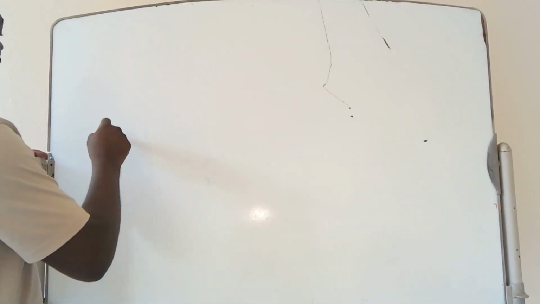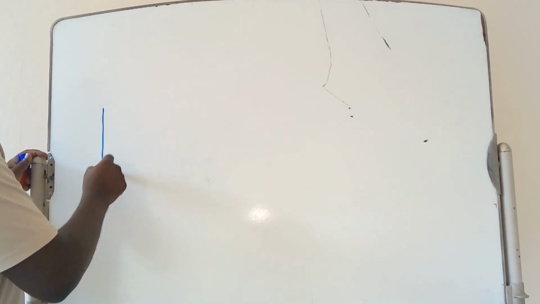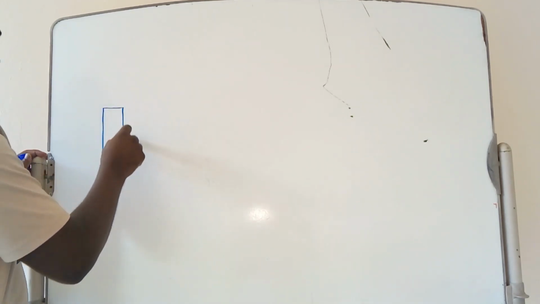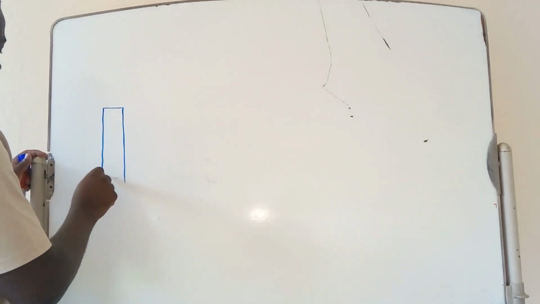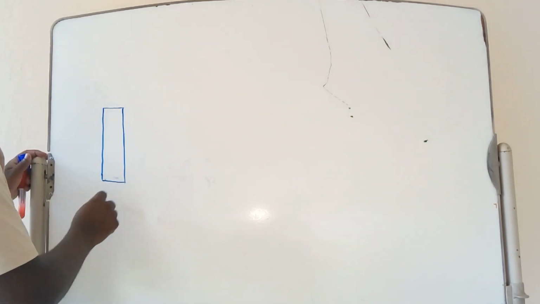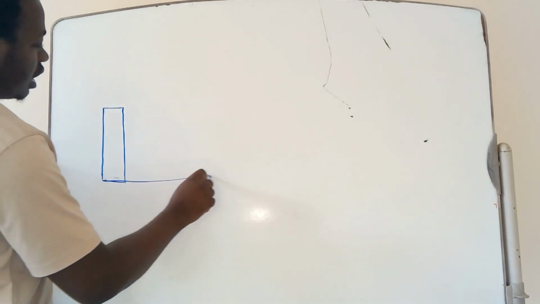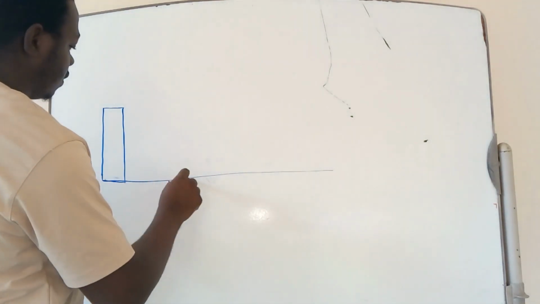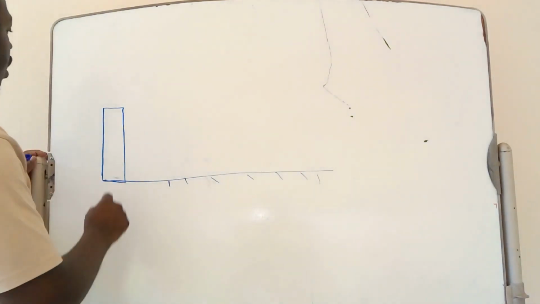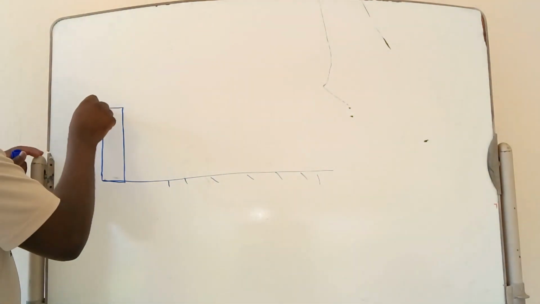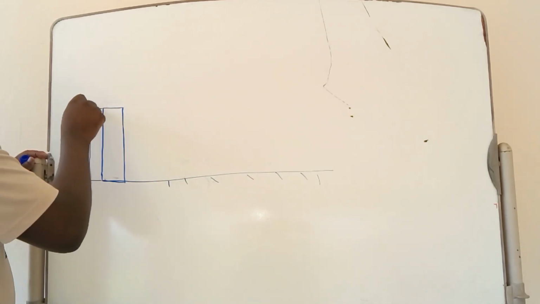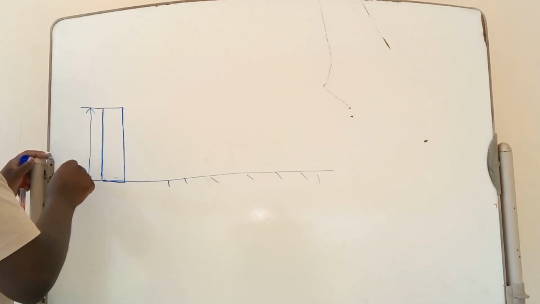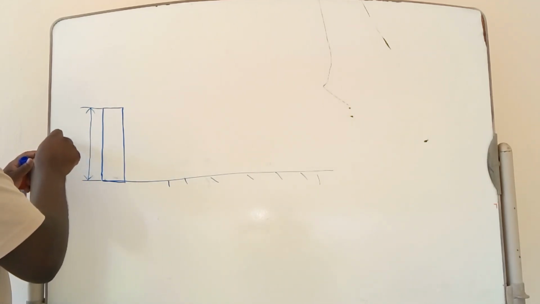Let's say that you are now standing on a building, right? So you have a building here. And you know the building is on level ground. So let me just draw that level ground. So you're standing on top of a building, and you know that the height of the building is, say, 90 meters.